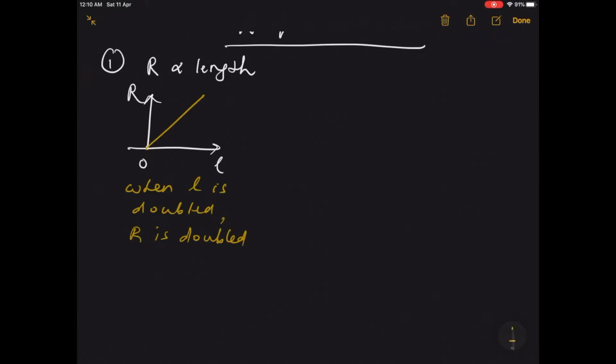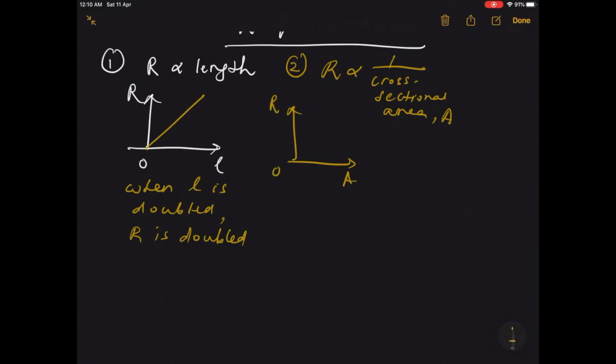Look at the second factor. R depends on the cross sectional area, or we can just call it the thickness, okay? The symbol is A, of course. So how do you sketch the graph? R versus A. And don't make this fatal error.